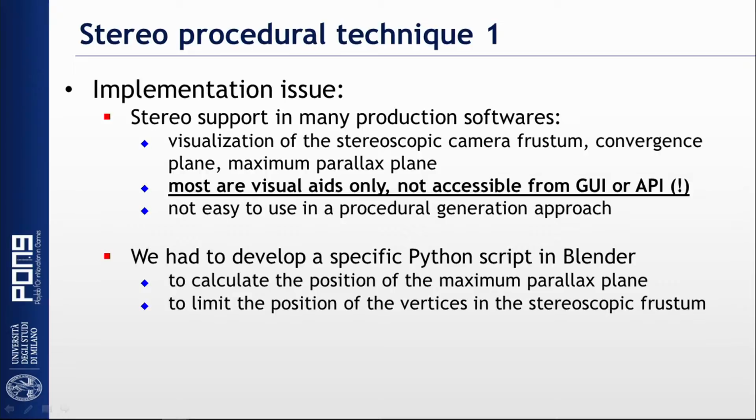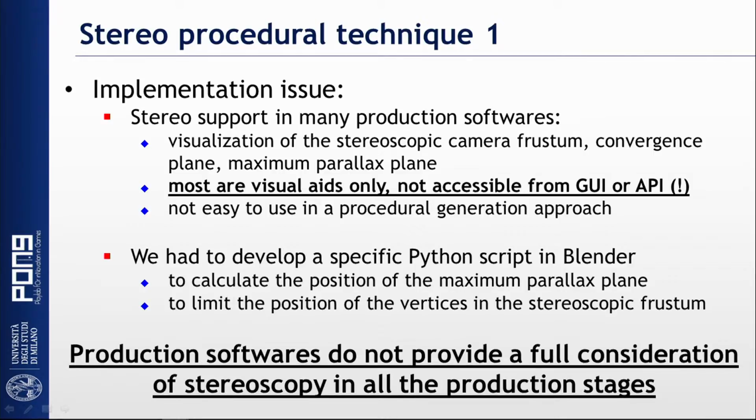So we had to redo something that is already calculated inside Blender, but is not provided by the software. Having done this, you can apply the value in your generation script to create the geometry. So the problem is that production software does not provide full consideration of the stereoscopic setup in all the stages of the production. And this is something that we may discuss.